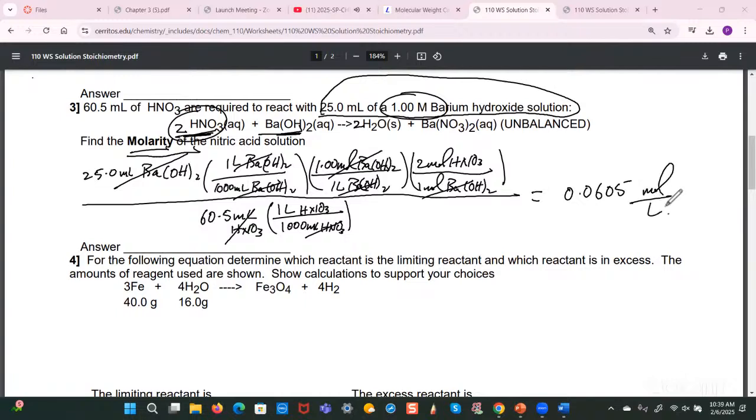Let me do this again just to make sure my calculation is correct. Oh, no, this is wrong. Okay. Let's do it again. And the answer I got this time is 0.826 moles per liter. Please confirm this just to make sure I'm doing this right.